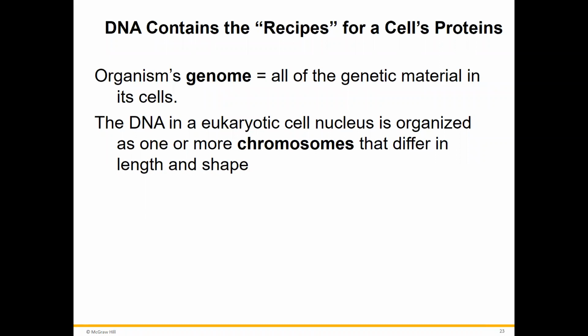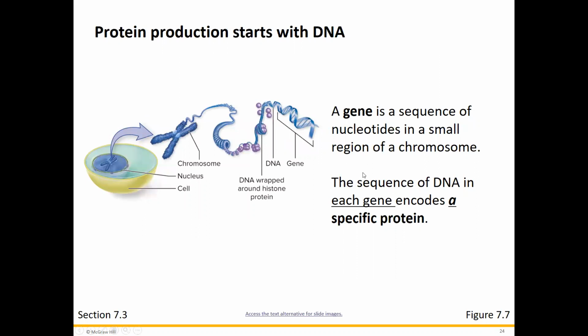So if you were looking in the nucleus of a human cell, you may be lucky enough to see that all of the DNA is organized into shapes called chromosomes. They're different lengths and different shapes, and these chromosomes contain lengths of DNA.